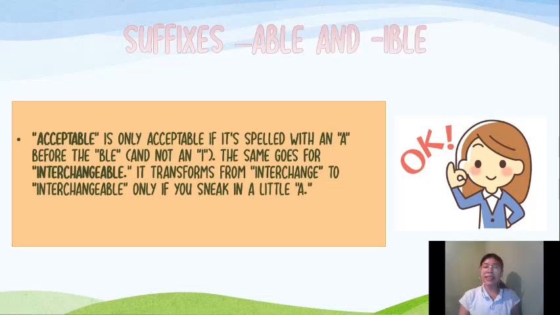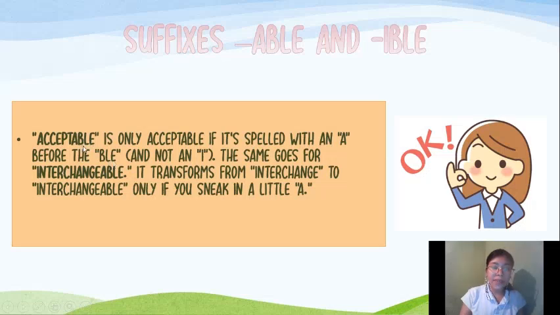It means that the word acceptable is going to be correct if it's spelled with an A before the BLE and not an I. Okay, this means that this word acceptable is going to be correct only if it has a letter A before the suffix BLE.